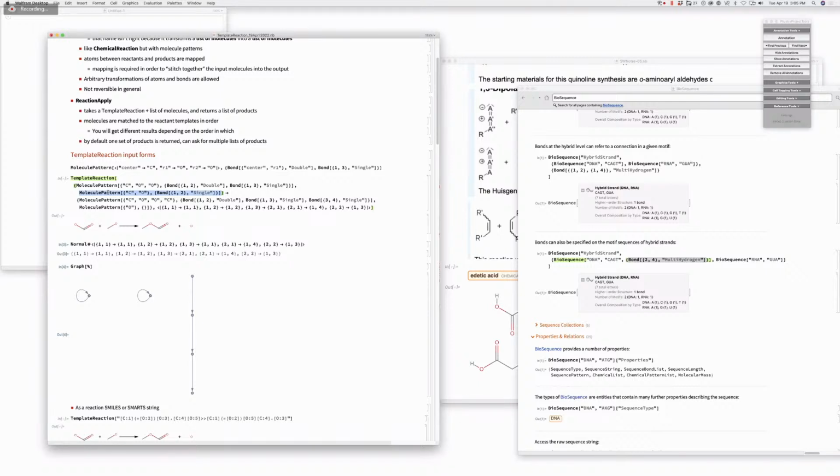Right. But in this case, a molecule pattern means a subpart of a molecule with all kinds of things hanging off it, whereas a molecule would be that particular molecule. Yes, correct. That's what we've been assuming all along.